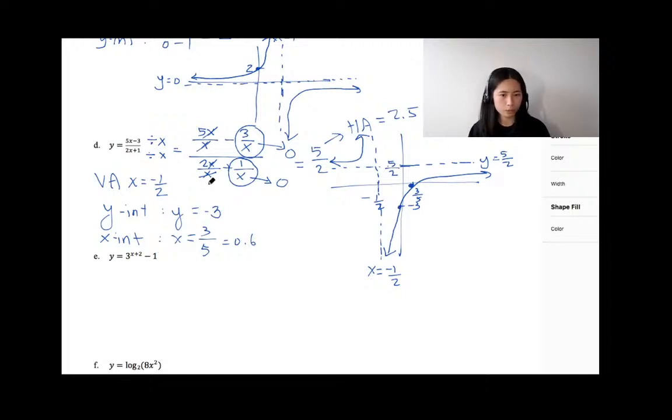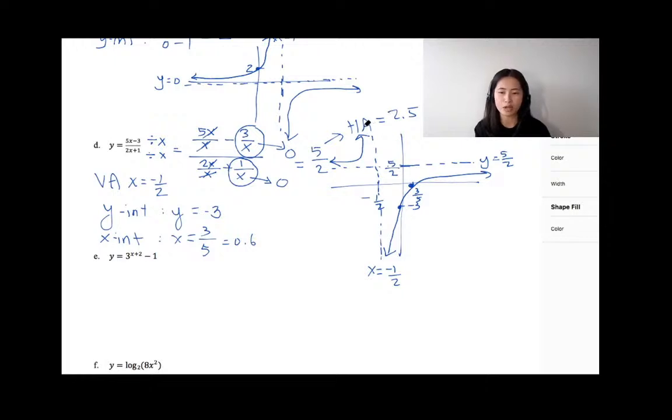So if you want to check, I think a lot of students may want to know about this. How do you know if your rational function is supposed to be drawn here, or if you're supposed to draw it here? Well, I think it's kind of obvious that if you have an x and y intercept on this side, your function needs to be there because you're going to pass through your x and y intercepts.